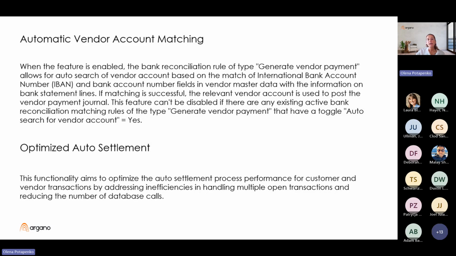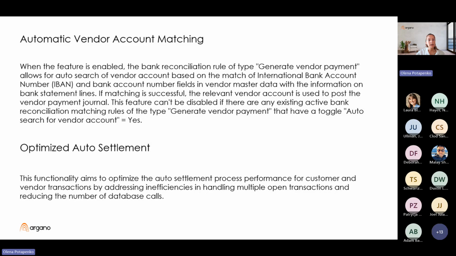So it means that first you will need to either deactivate these matching rules with this type and configuration, or delete these rules, and after that you can disable this functionality. But I don't see this as a critical moment, just be aware of this point.